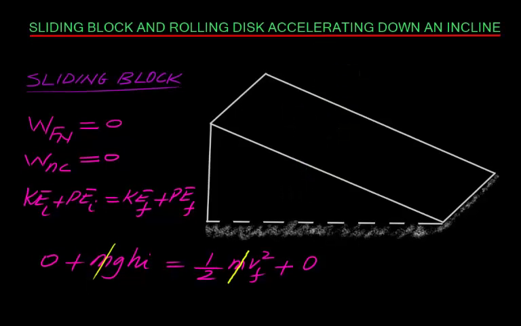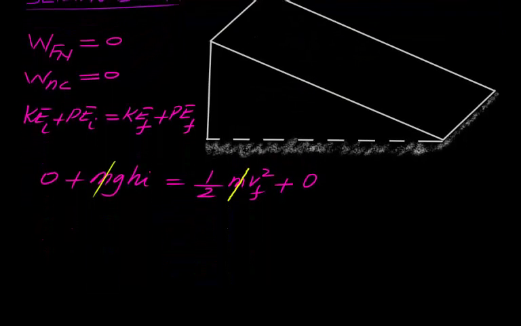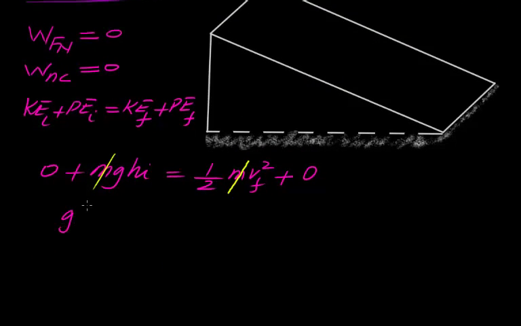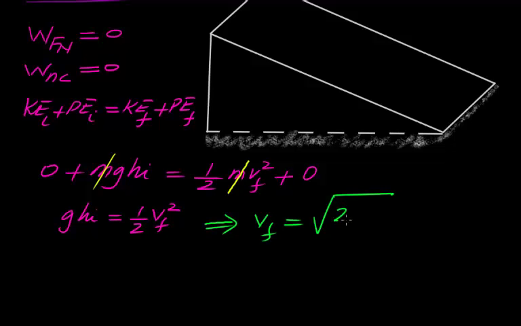This equation can be simplified further, where g h initial is going to equal 1/2 v final squared. Solving for v final, we obtain the square root of 2 g h initial.